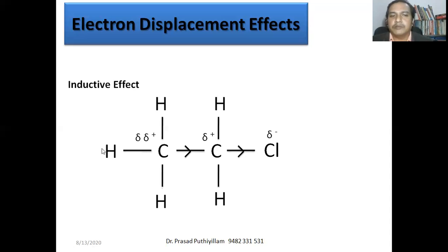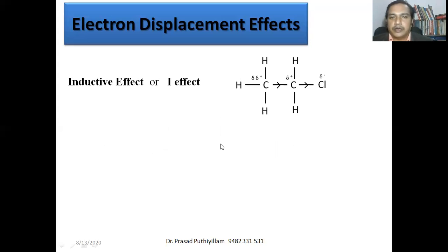The third carbon atom also becomes partially positive. It can also be represented as CH3 CH2 Cl with a darkened bond to represent that the inductive effect is more in this particular bond.